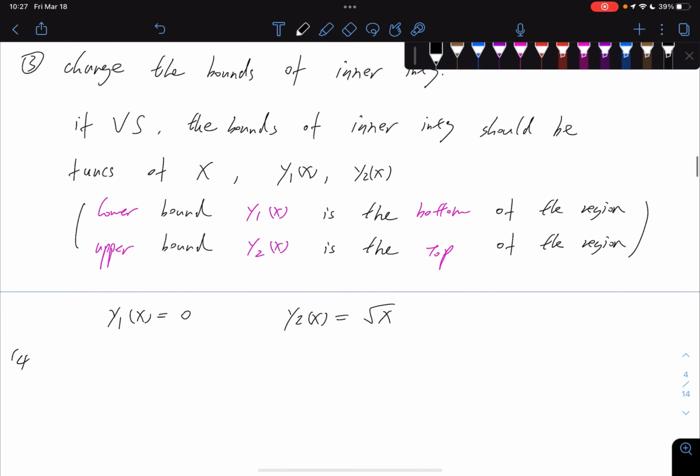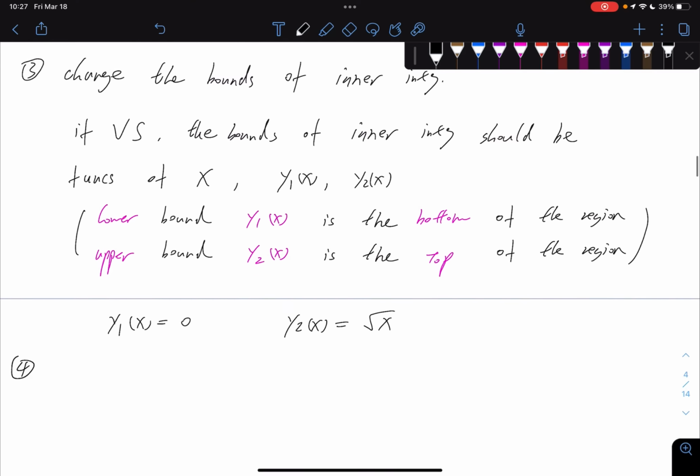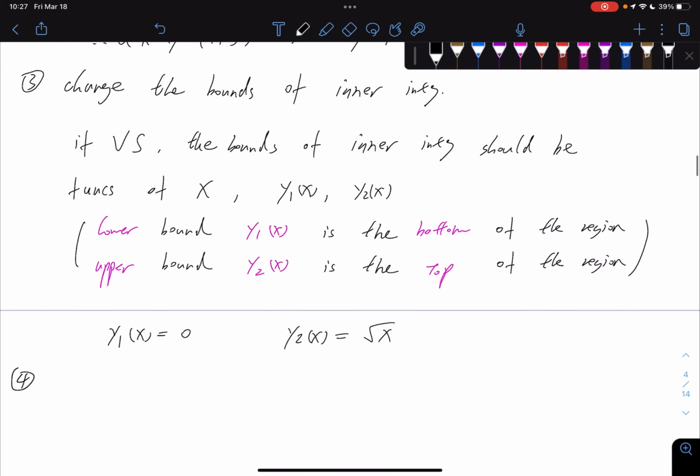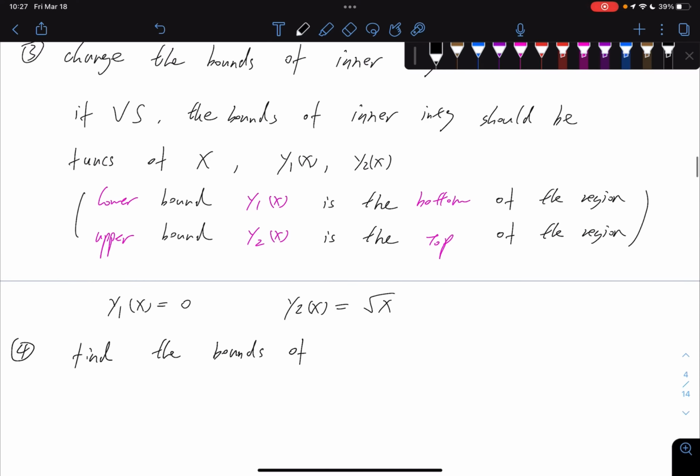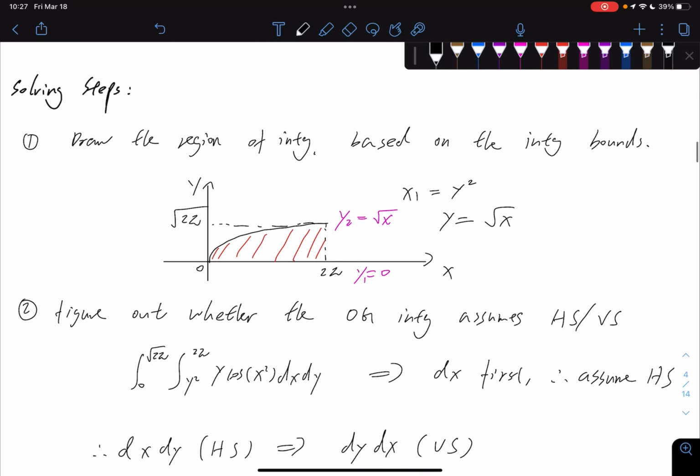And then the fourth step is to find the bounds of the outer integral as constants. And this is pretty easy.